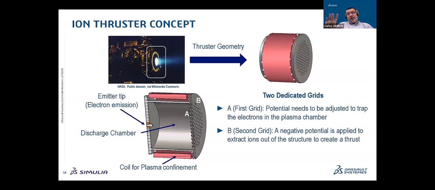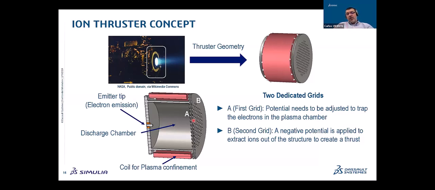On the right-hand side, we have two grids here. Okay, the first grid, A here, is designed to trap electrons inside of the chamber so that they can keep ionizing the gas and feeding the discharge, feeding the plasma.